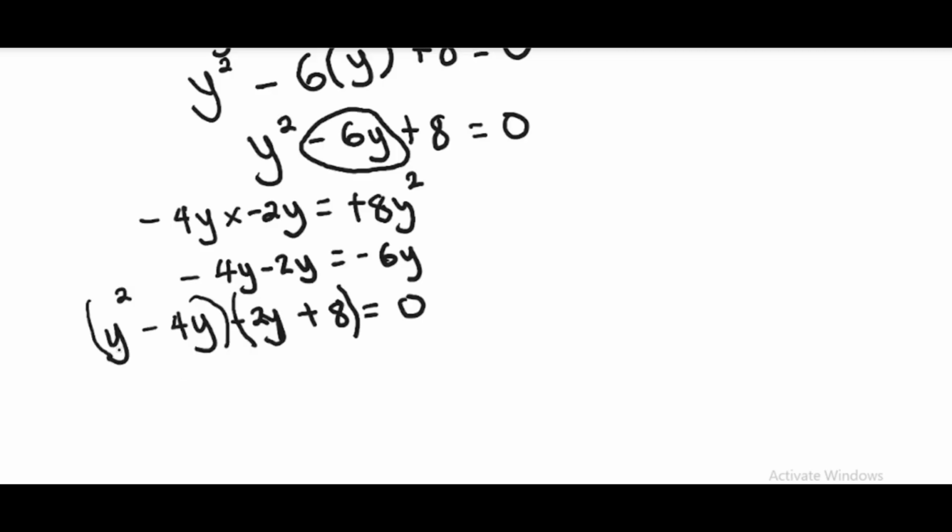So in the first bracket, y is common. So we pick out y, and we have y minus 4 left. Then in the second bracket, we have two different signs, minus and plus. But we will pick minus. Why? Because we are looking at the sign of the first bracket. We are supposed to have the same thing in the second bracket.